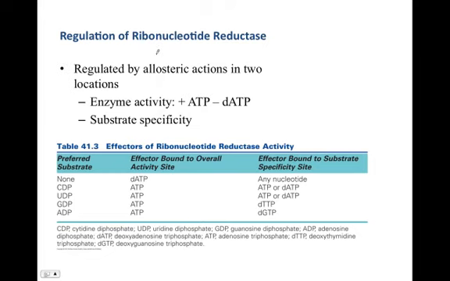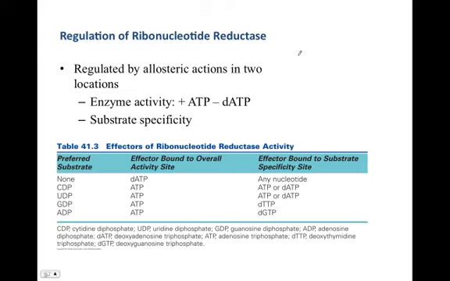The enzyme ribonucleotide reductase is regulated at two sites within the enzyme. It has one site which regulates enzyme activity as an on or off, and an additional site that regulates the substrate specificity. There is a single enzyme responsible for the conversion of all of the nucleotide bases from the ribo form to the deoxy form.